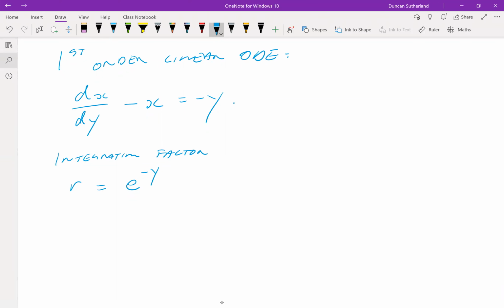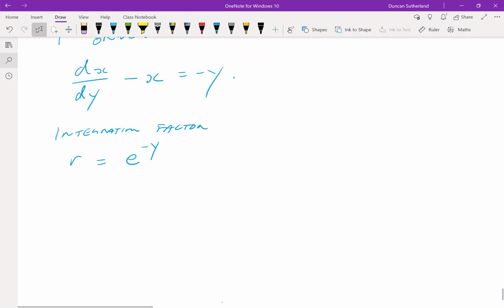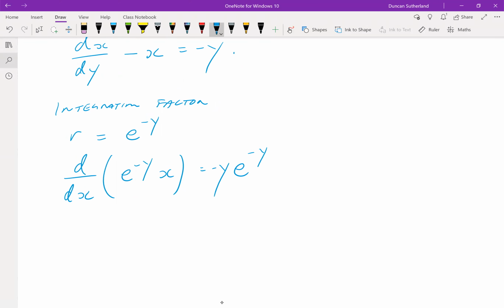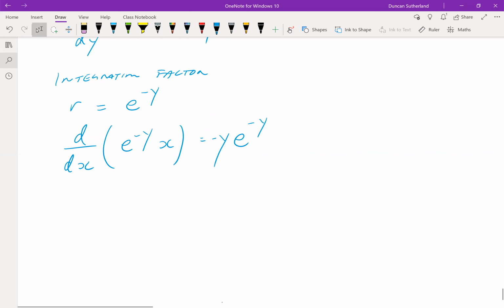So we have our integrating factor e to the minus y. Once we multiply through, we can collapse the left-hand side to this thing, and now we can integrate.